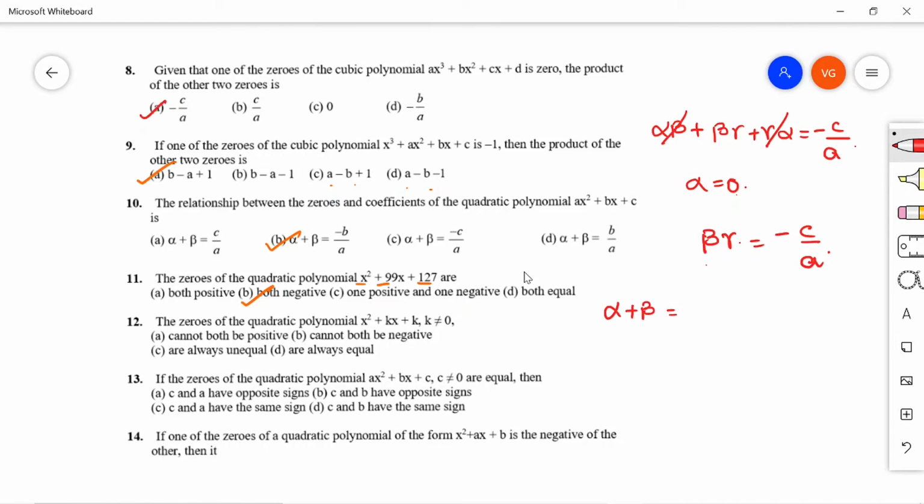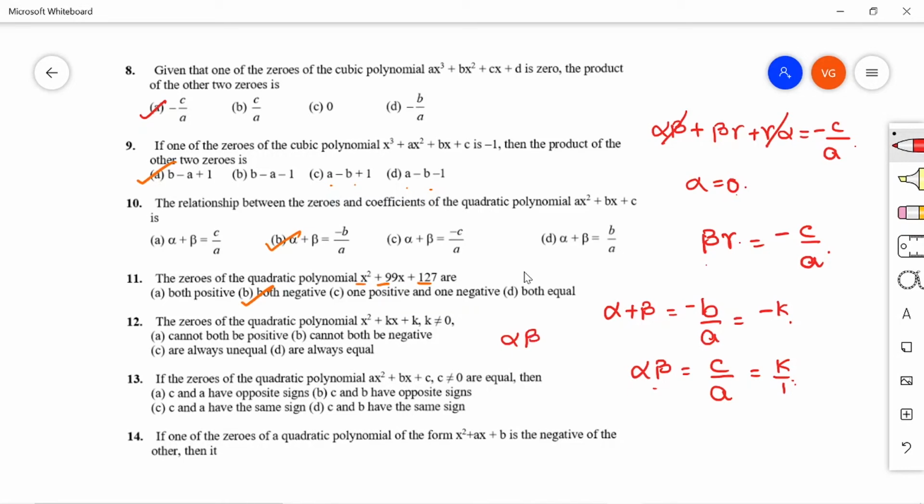Alpha plus beta is given by minus b by a. So that is nothing but minus k by 1. So minus k. Alpha beta, the product of the roots, is c by a, that is nothing but k by 1. So the sum of the roots is minus k and the product of the roots is k.